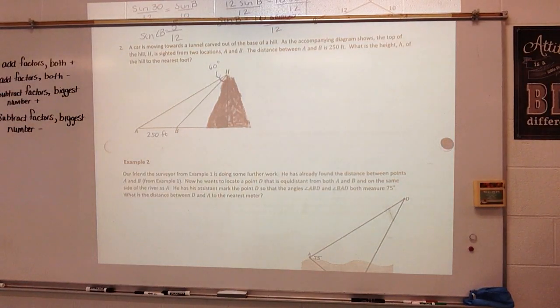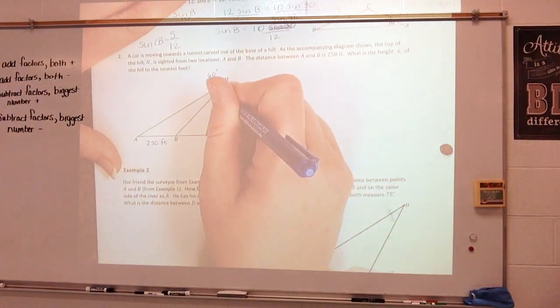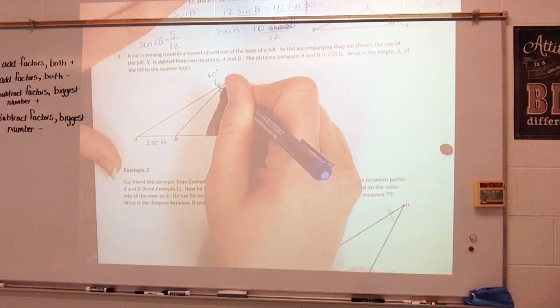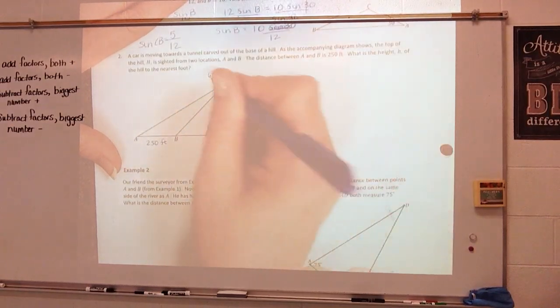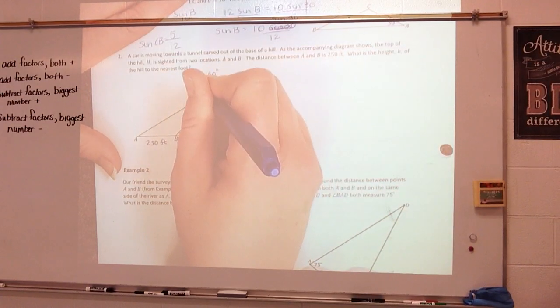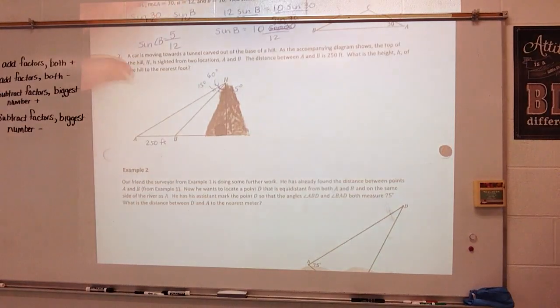And the angle of depression from H to B is 45. So that means that this angle right here is 45 degrees, which means that this angle right here is 15 degrees.